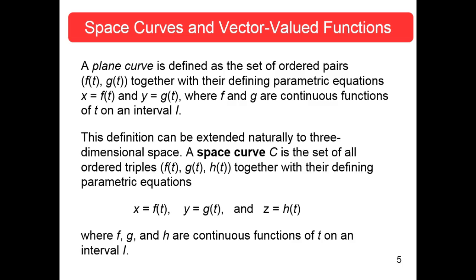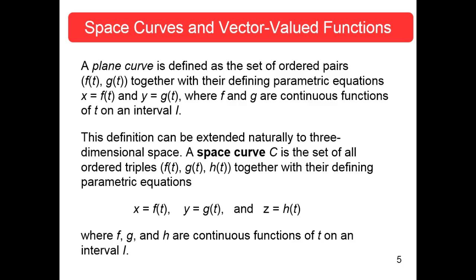That makes perfect sense, where f and g are continuous functions of some independent variable t on the interval I. Interval I are values for t, not x and y. Your x is a dependent variable, and so is your y. Your t is your independent variable. It's not y as a function of x, it's both x and y that are functions of t.